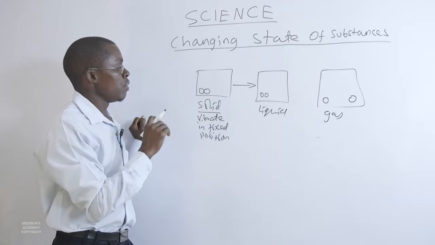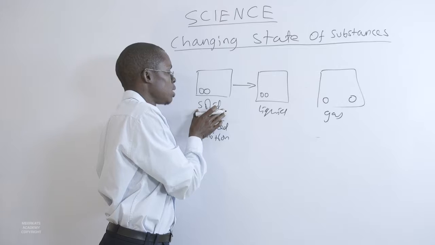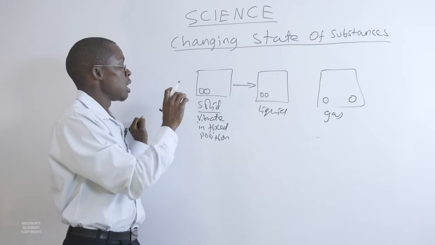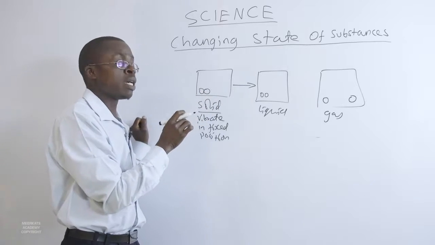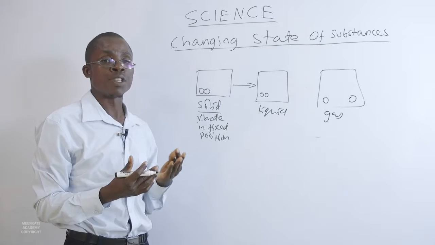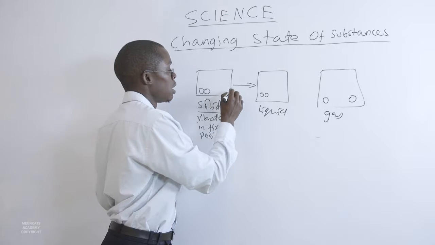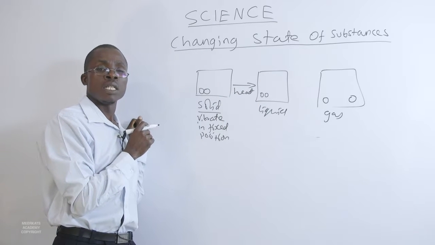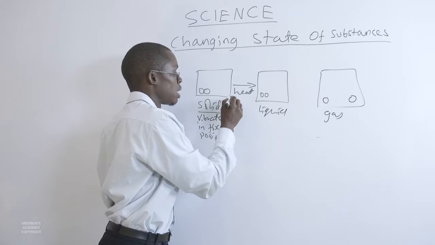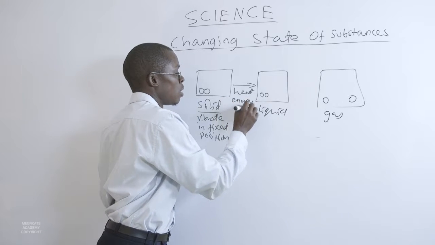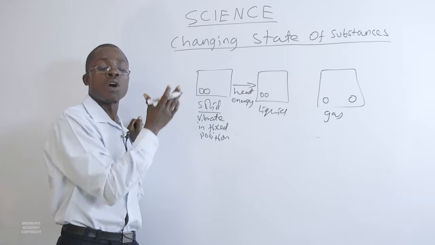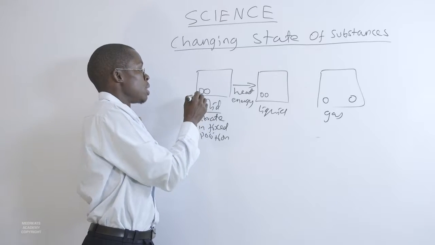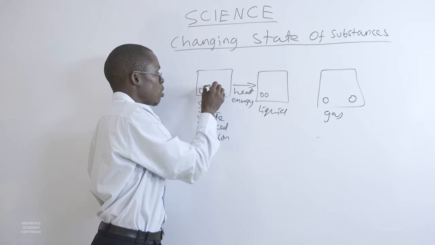However, if you are to move from a solid to a liquid, then something has to be done to the particles, and that is heat energy is introduced. This heat energy will make the temperature go up.